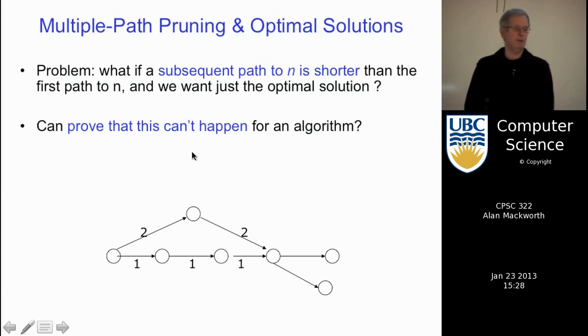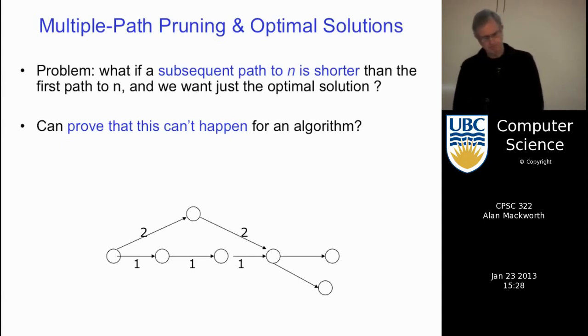Ideally, this won't happen for an algorithm. Unfortunately, it does sometimes, and we have to look at which algorithms this could happen for and where it can't happen. Okay, so I'm going to ask you a question. For which algorithms do you think this can't happen, where a subsequent path to a node is shorter than a path you've already discovered?